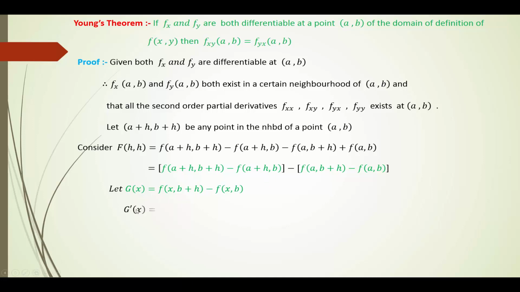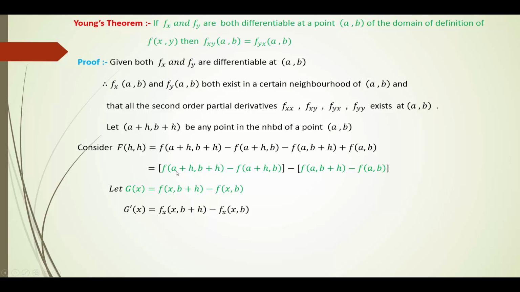So g'(x), the derivative of function g with respect to x, is equal to fx(x, b+h) − fx(x, b). Now write down both brackets in terms of g. In both brackets the y variable is b+h and b.